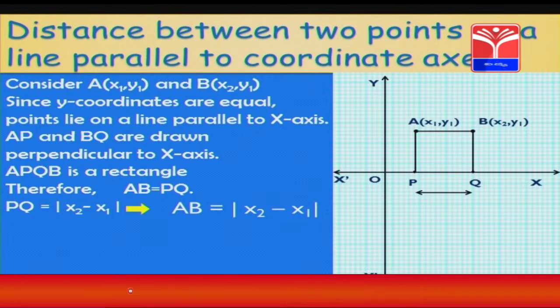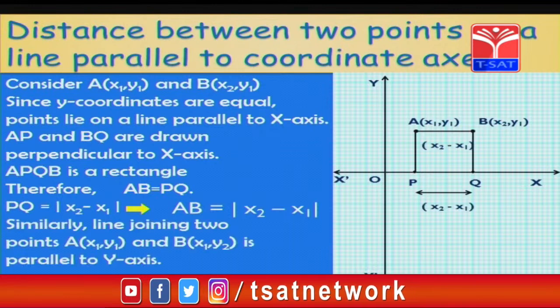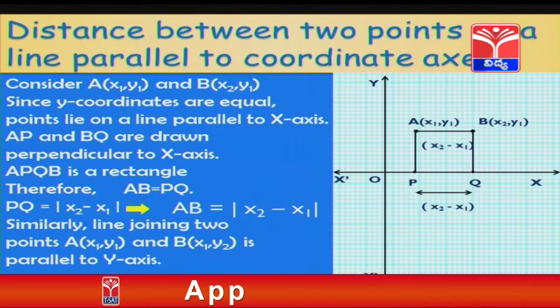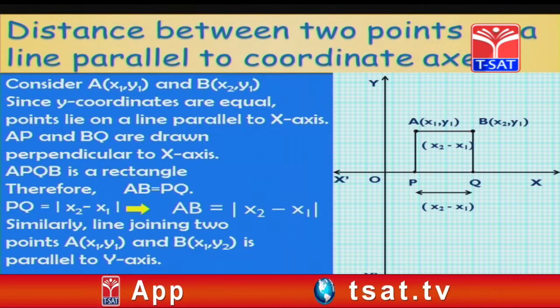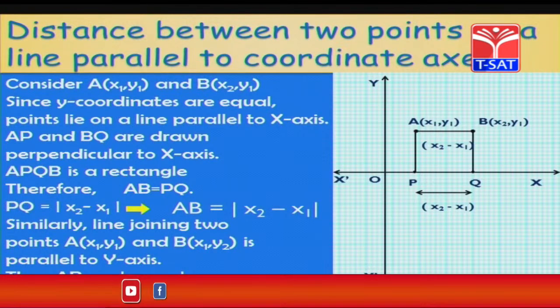Why are we writing modulus, children? Because we will be considering only the absolute value of the difference. Similarly, the line joining 2 points A (x1, y1) and B (x1, y2) is parallel to the y axis. Then AB would be equal to modulus of y2 minus y1.